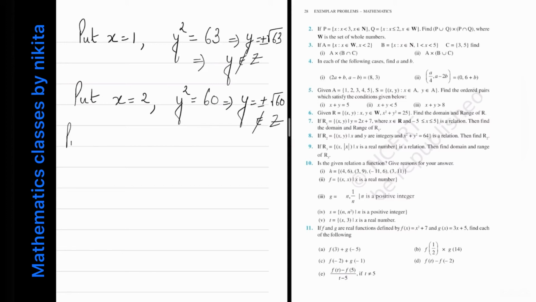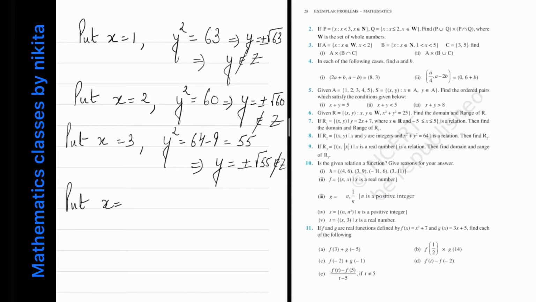Then put x equal to 3. So if x is equal to 3, you will get y square equal to 64 minus 9, which is 55. And this implies that y is equal to plus minus root 55, which is again not an integer. So like this you can check. Put x equal to 4.